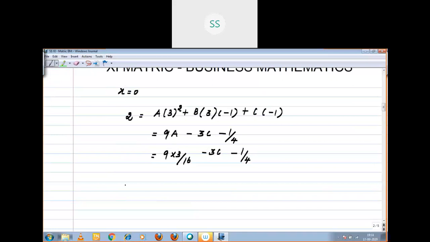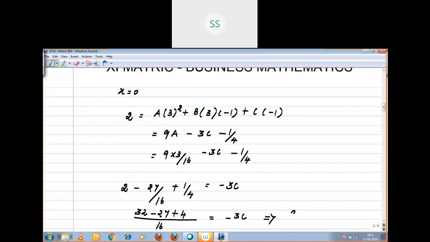Now 2 minus 27 by 16 plus 1 by 4 equal to minus 3b. Then 16 is my LCM. 32 minus 27 plus 4 equal to minus 3b. 32 minus 27, 5. 5 plus 4, 9.